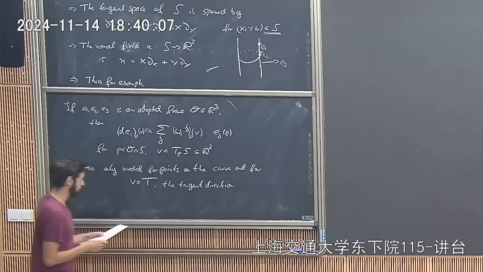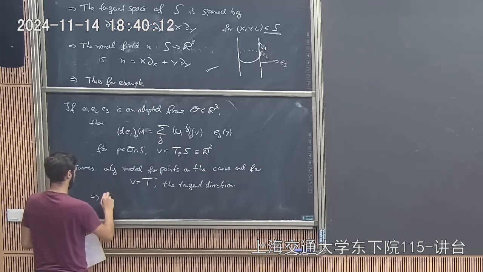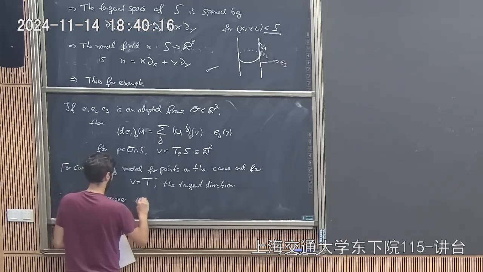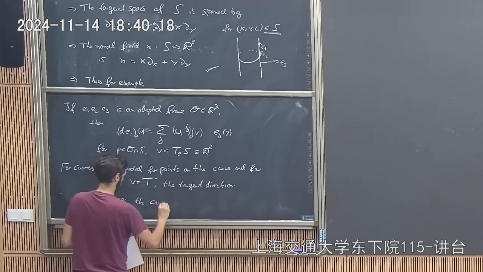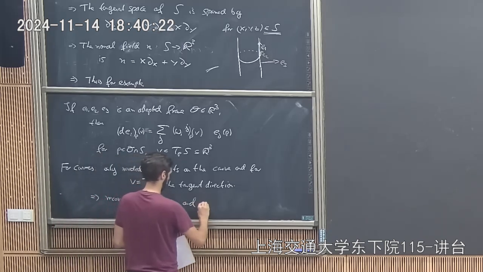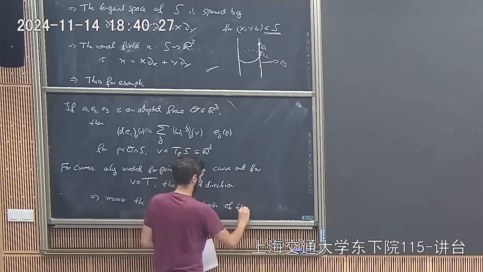It was essentially a, and then using this formula we could recover the curvature and the torsion of the curve.